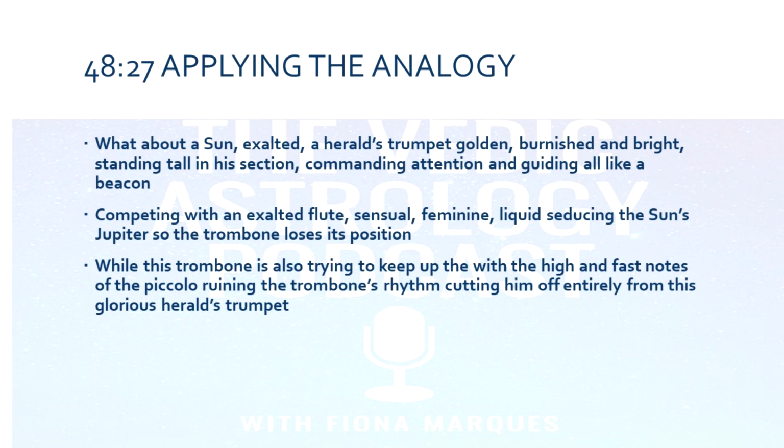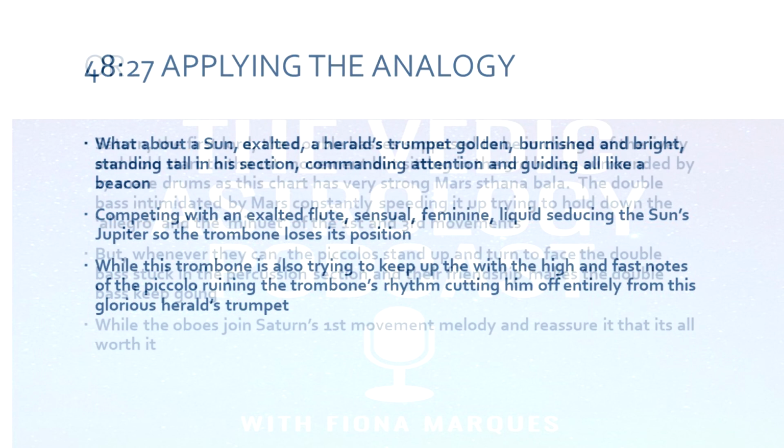And while this French horn is trying to keep up with those sensual notes of the flute, we've got these high and fast notes of the piccolo, ruining the French horn's rhythm, cutting him off entirely from that glorious heralding trumpet?